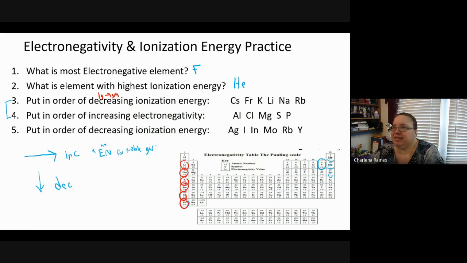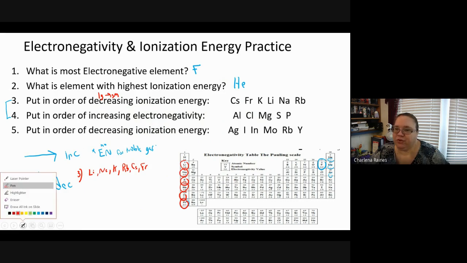So decreasing ionization energy means my largest ionization energy is going to be that smallest element. So as I go down, we have that general decrease. So we're basically just going to put these in order from top to bottom. There we go. Lithium being the highest, then sodium, then potassium, then rubidium, then cesium, then francium.